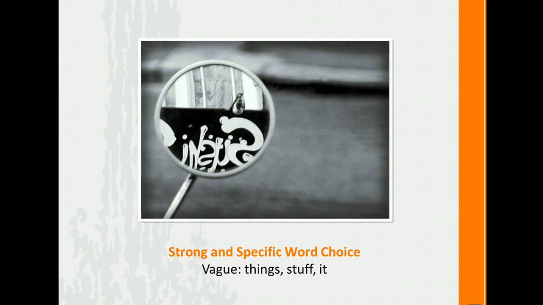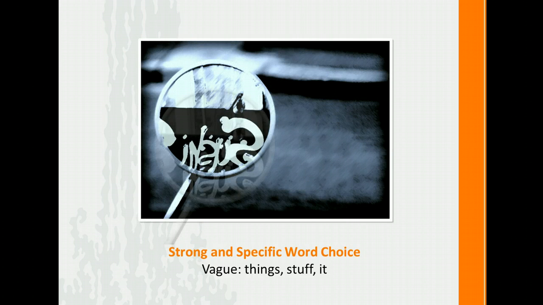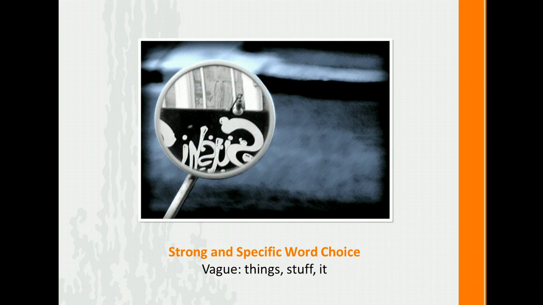Okay, strong and specific word choice. This is going to be the difference between an elementary written paper and a sophisticated paper. You want to use really specific word choice. Avoid words such as things, stuff, and it. Instead, be specific.